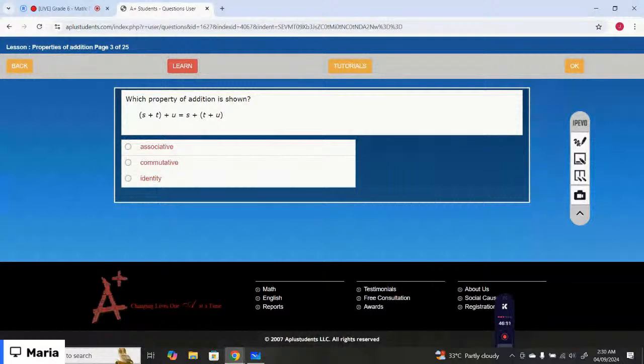Which property of addition is shown? (s plus t) plus u equals s plus (t plus u). So which is the correct option?